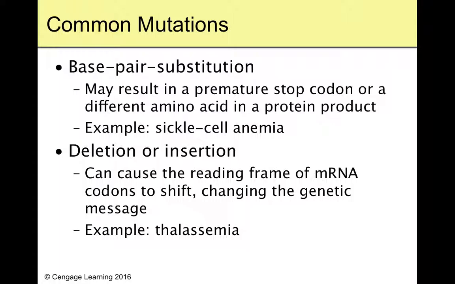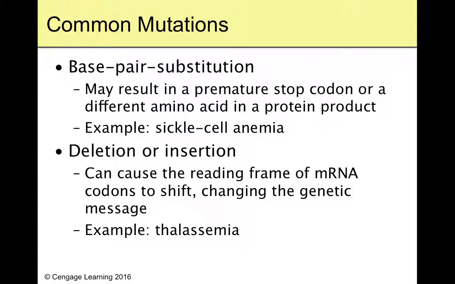Cool? So, a couple examples of this. One is the base pair substitution. Okay, so a base pair substitution is if we had, I don't know, AAG, and we pull out the second A and replace it with a C. Now we have ACG.